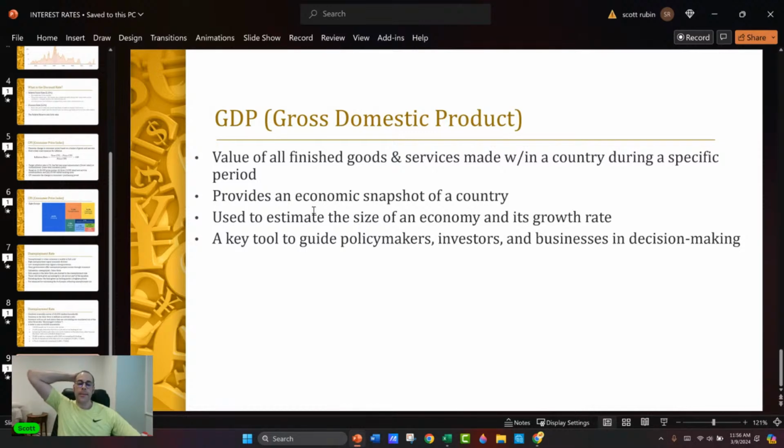So it provides an economic snapshot of a country. It's used to estimate the size of an economy and its growth rate to see if an economy is growing or detracting. And it's a key tool to guide policymakers, investors, and businesses in decision making.